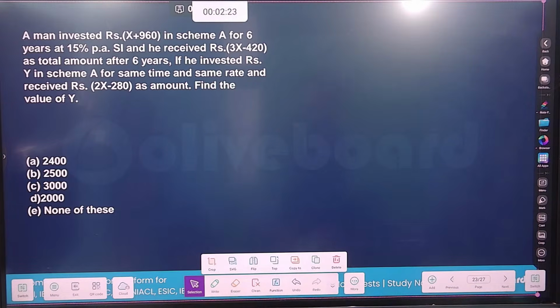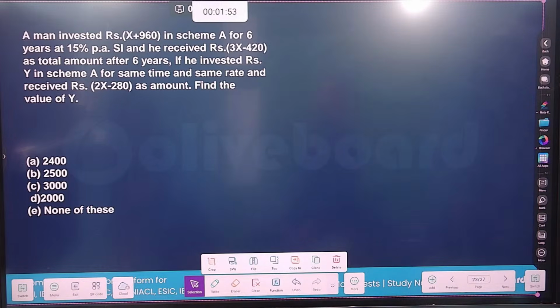But there is no need of getting a value of 2x minus 20, because if you want to figure out the value of y, that would be very easy for you. Okay, first you need to figure out the value of x.